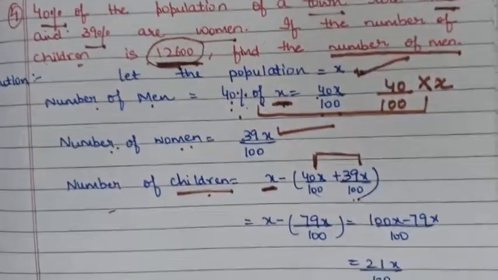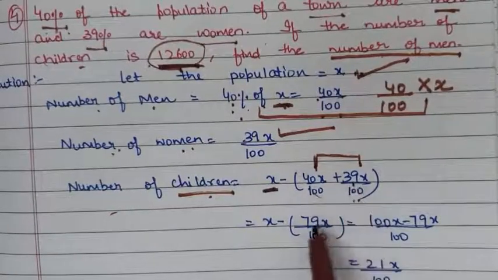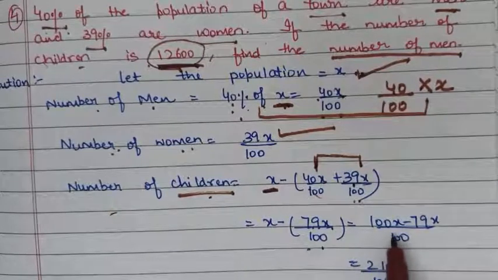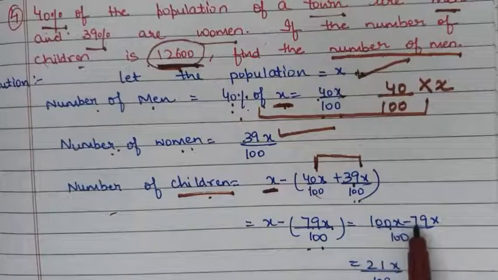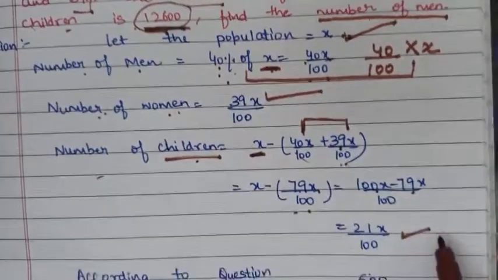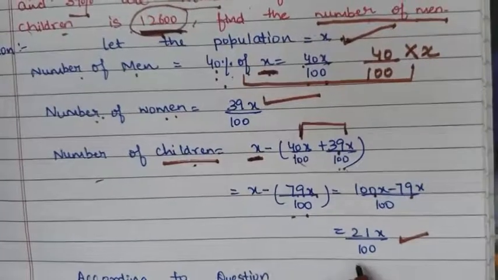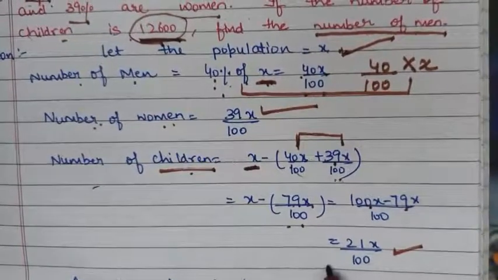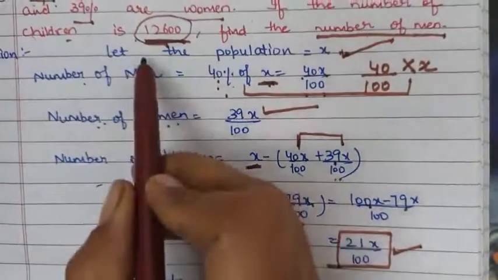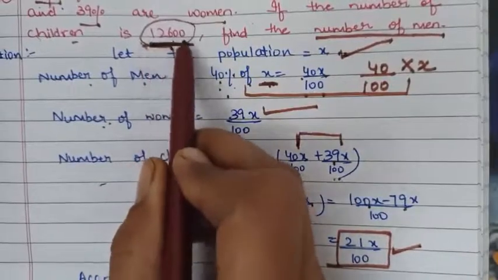So now x minus 79x upon 100. On taking LCM, we get 100x minus 79x, so we finally get 21x upon 100. Now students, this is the number of children, which is already given to you as 12,600.